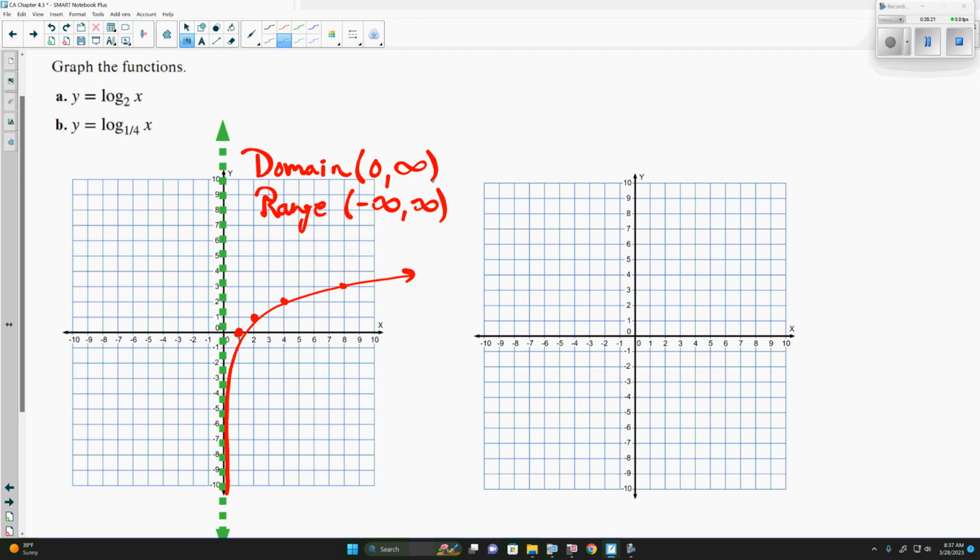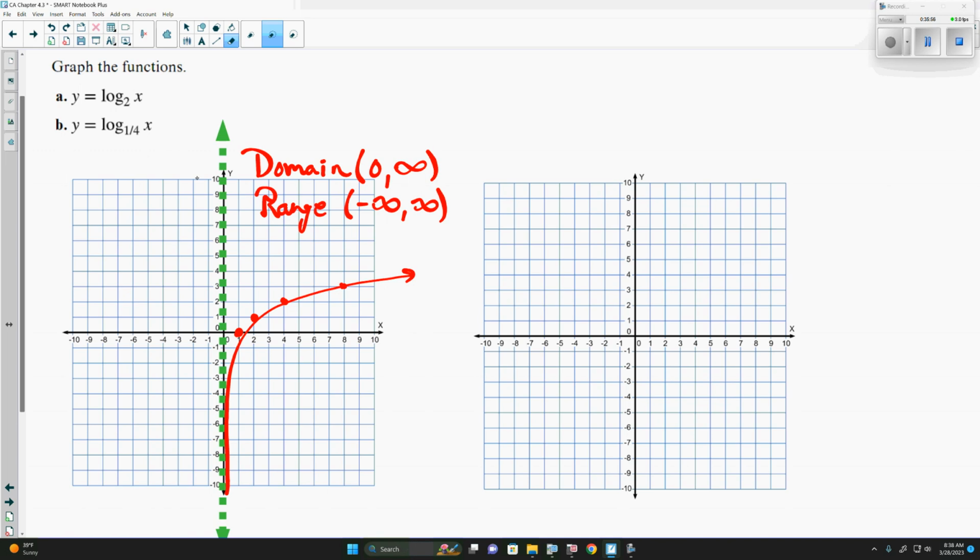Now, if it had been going to the left, the domain would have been negative infinity to 0. And do make sure that we put the smallest one on the left and the biggest one on the right, because 0 to negative infinity is not the correct way to write it. We always put the smaller number on the left, bigger number on the right.